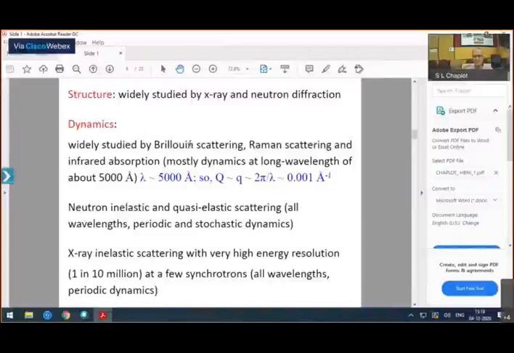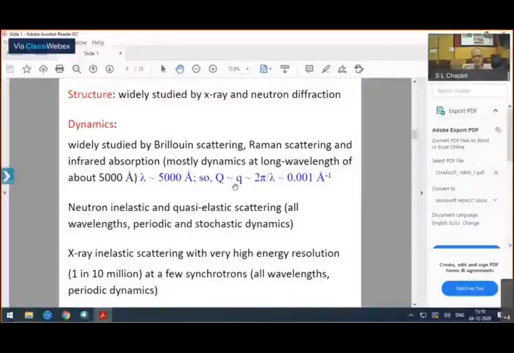Of course, there are some selection rules issues. Not all kinds of excitations are Raman active or can be observed in infrared absorption. Besides that, these are the techniques of choice.